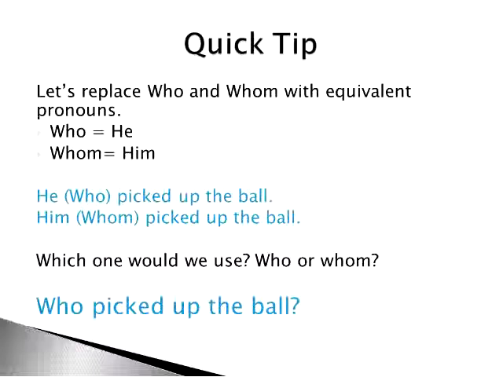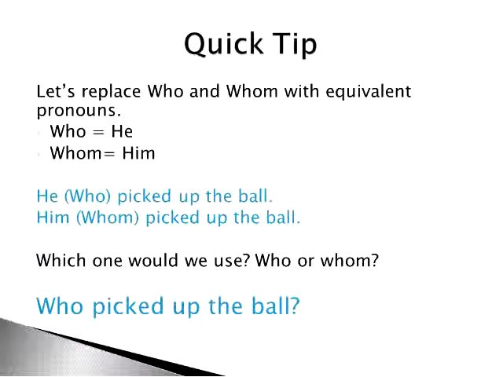With the first one, who is the same thing as he, so you can use he to replace it and check yourself. And then whom is on this side right here, and you can use that with him. See if it makes sense. So you can check yourself like that. Who is the same thing as he as a subject, and whom is the same thing as him as an object.